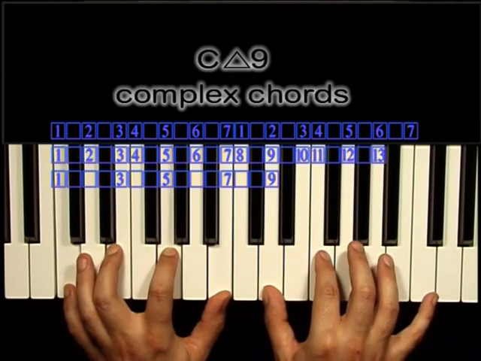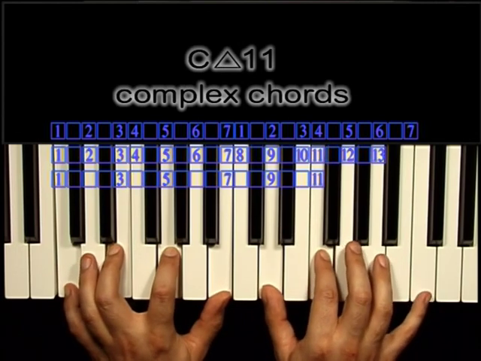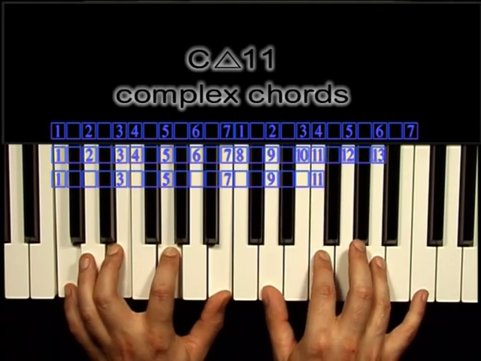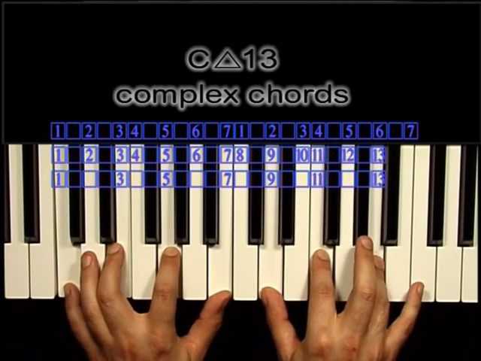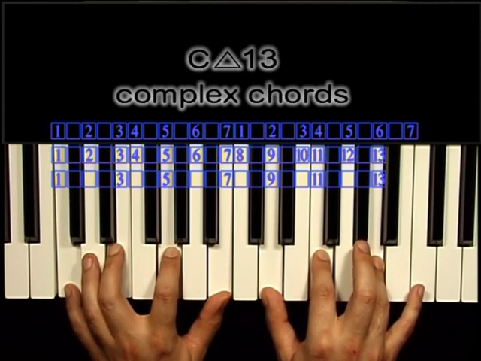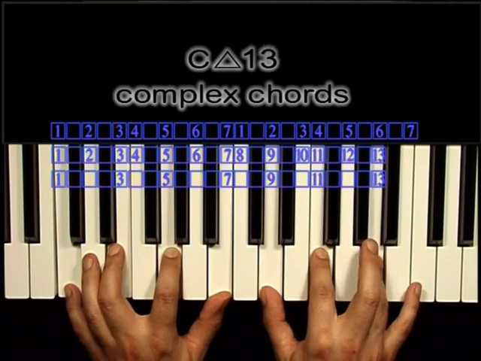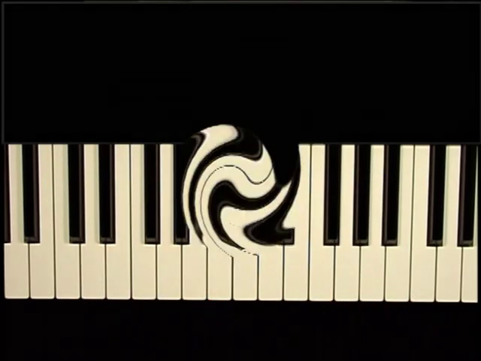There's our 11, which is actually a 4. 12, and 13, which is actually a 6. You're still playing every other tone, except that the 2, 4, 6 have been extended into the second octave, which makes them a 9th, 11th, and 13th. That's it. It's as simple as this.